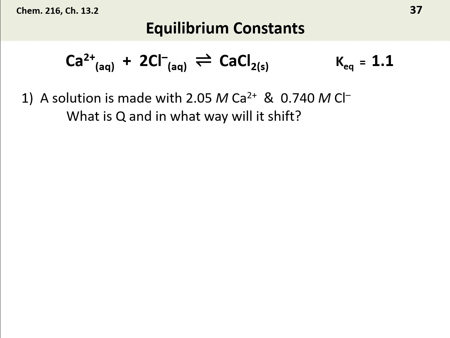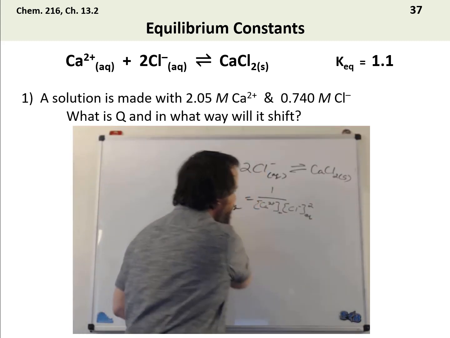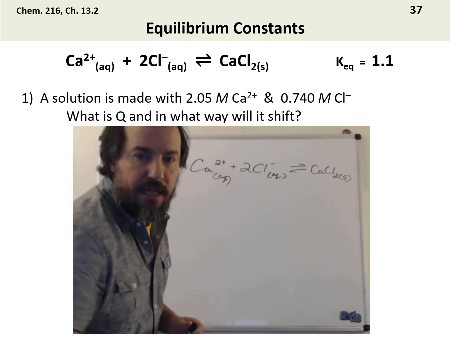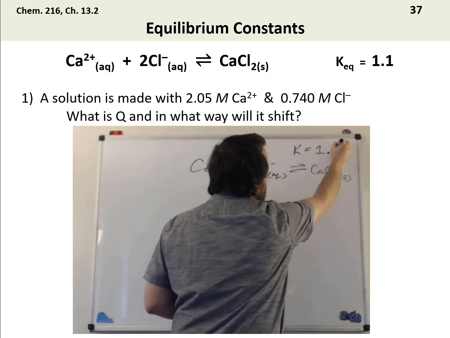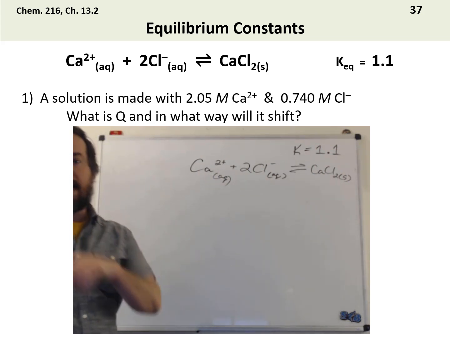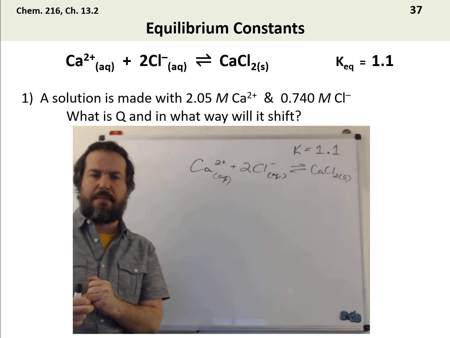Now let's say we're going to use that equation we just did, with K equals 1.1. A lot of times we just put it right next to it, so that tells us something about it.